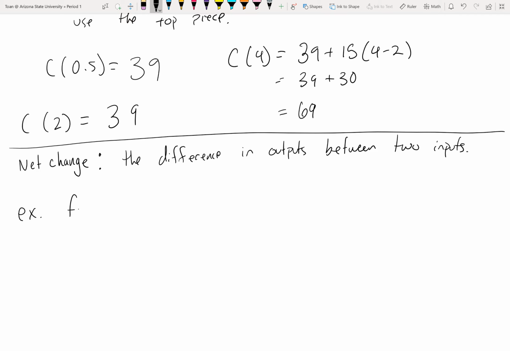For example, find the net change from 1 to 3 of f of x equals x squared.